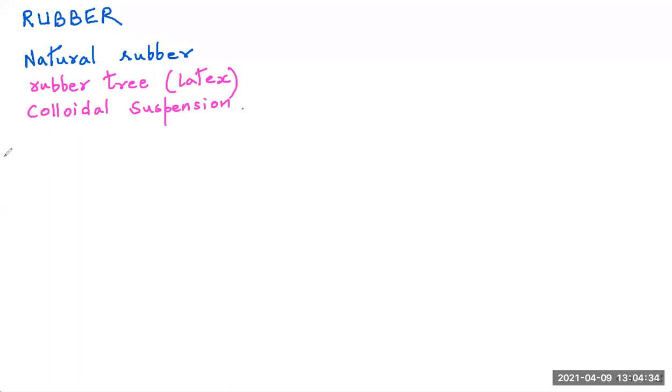And it is a linear polymer. Natural rubber is a linear polymer of the monomer isoprene. Anyone knows the IUPAC name of isoprene?